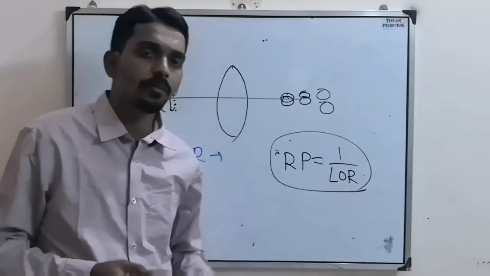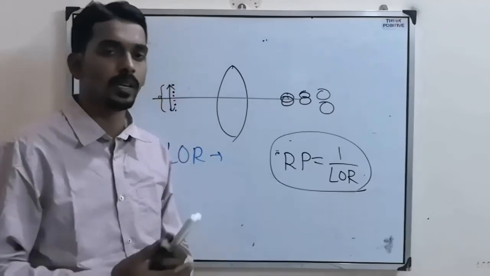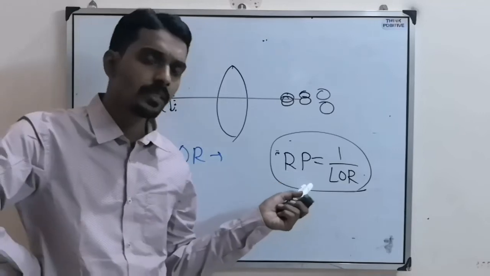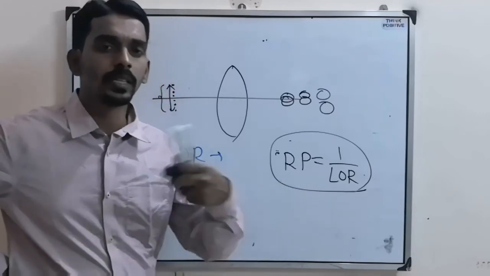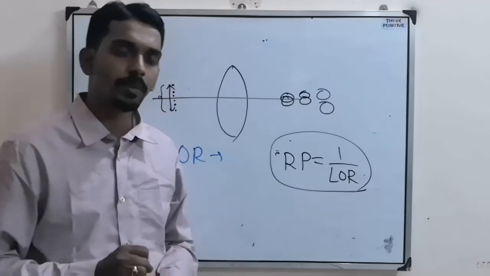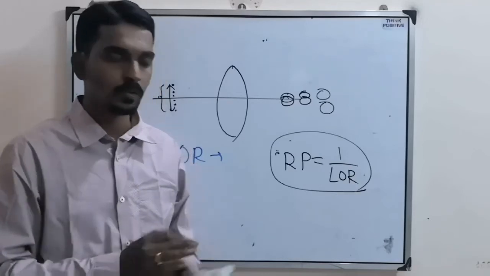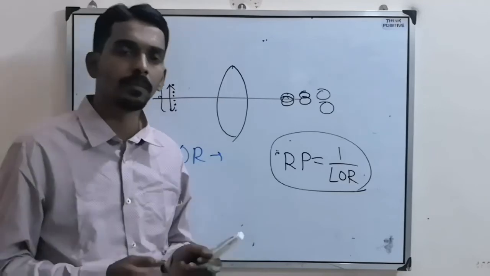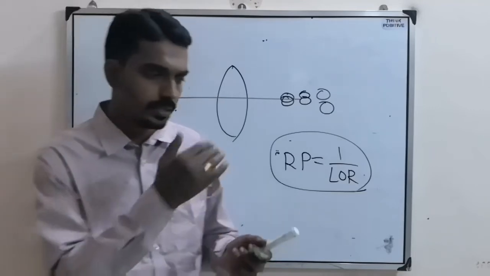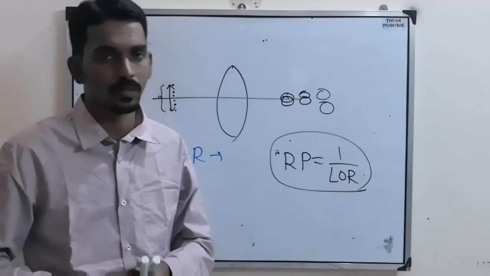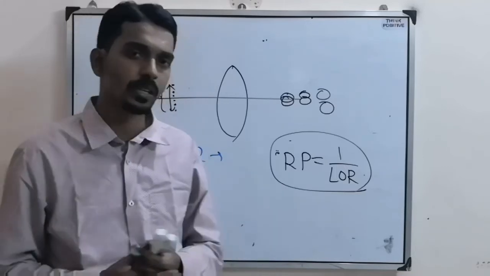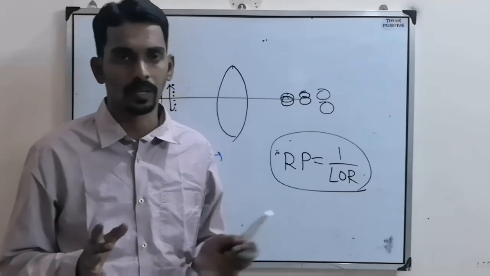The resolving power formulas I will give you as a list. Based on this, they can ask questions on resolving power of a telescope and resolving power of a microscope. Please remember those formulas, understand the data they have given and substitute. We will solve that type of question also, don't worry.